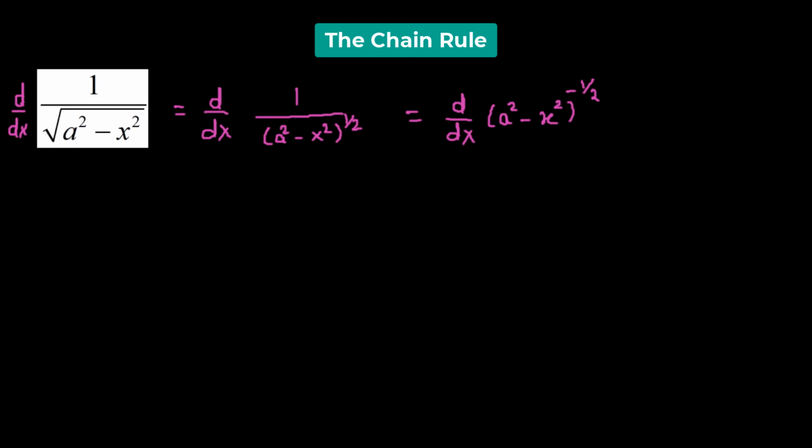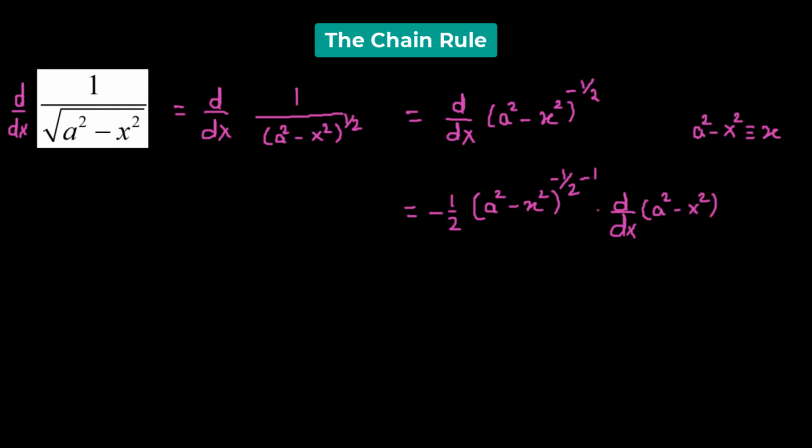Now here we can assume that a squared minus x squared is equivalent to x, so that we can apply the power rule, which will give us negative half times (a squared minus x squared) raised to the power of negative half minus 1 times the derivative of a squared minus x squared, because we have assumed a squared minus x squared to be equivalent to x in order to apply the standard derivative rules.